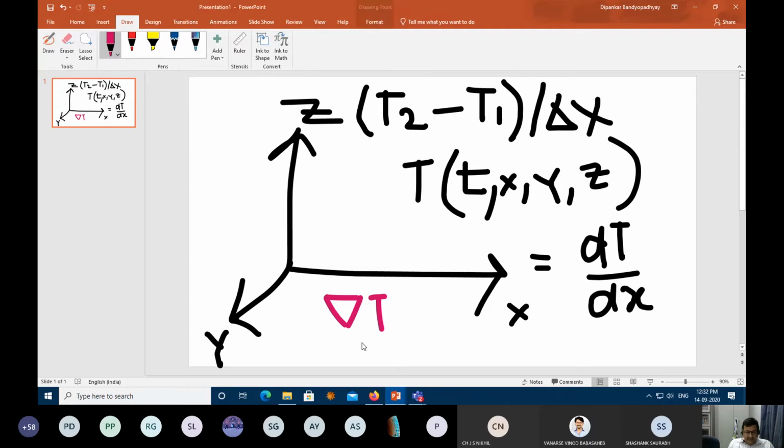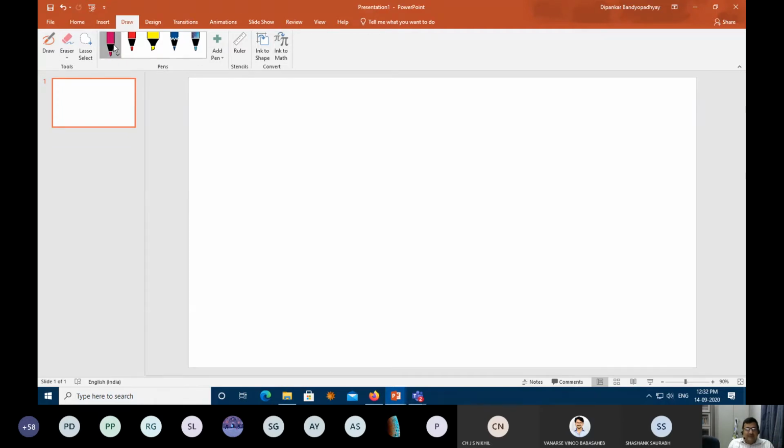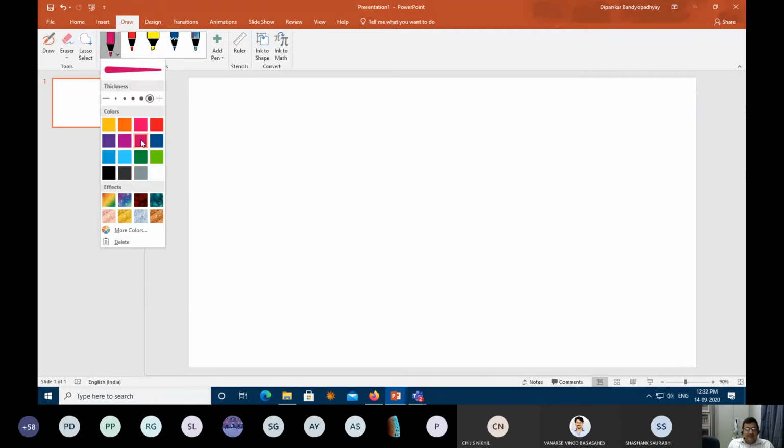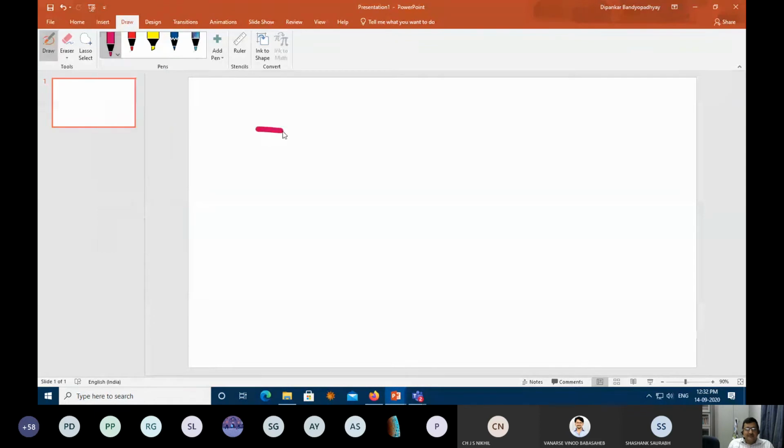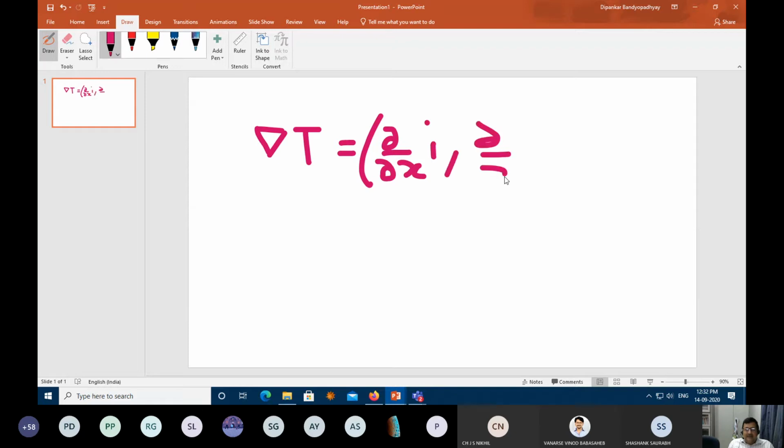What is this gradient of t? What do I mean by the gradient of t? When I write gradient of t, gradient is an operator, which can be expressed as del x i, del y j, and del z k.